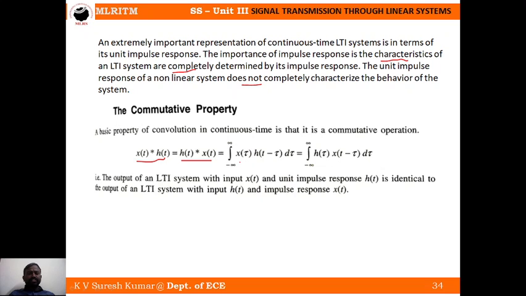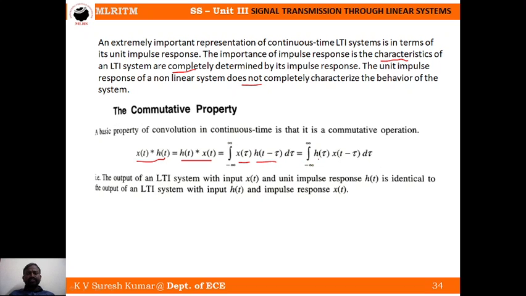What is the convolution formula? Integral from minus infinity to infinity, one signal as it is, x of tau, and the other signal shifted by t units. After flipping, you should shift the signal by t units: h of t minus tau d tau.